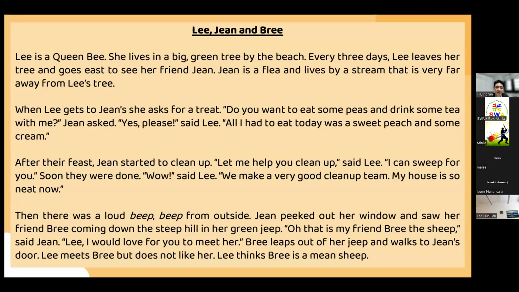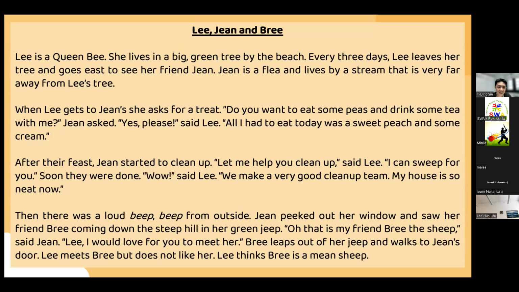May I? Mali, is it? Yes. Please go ahead and read the passage and let me know which sounds are the short and the long sounds after that. You can go ahead and read.